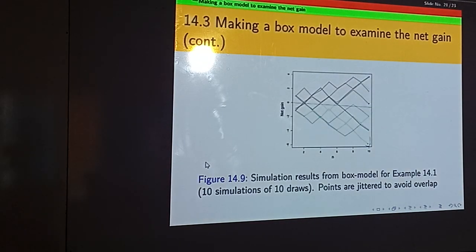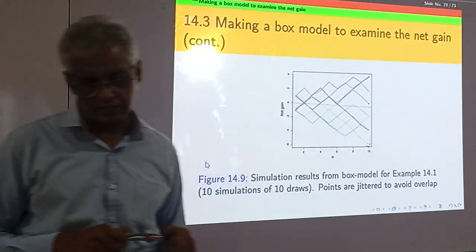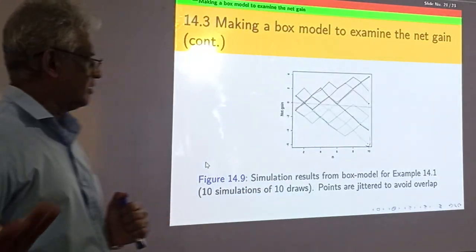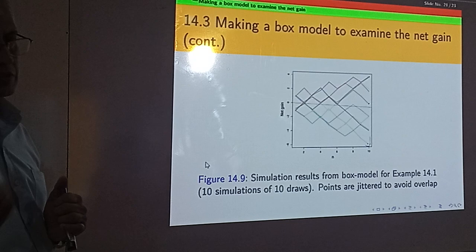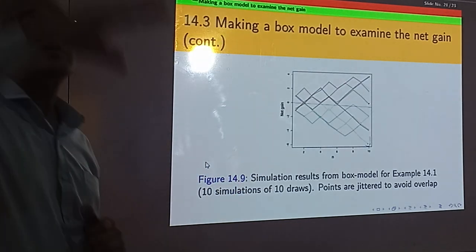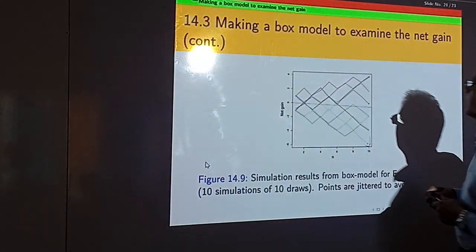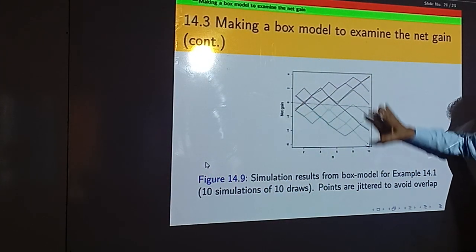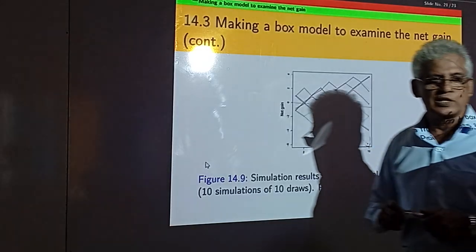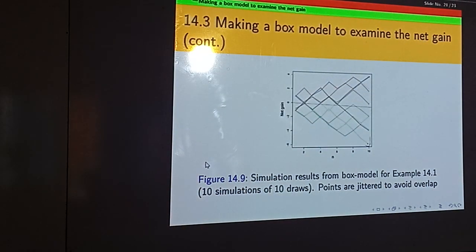Usually in this case, because there is a higher chance of losing, 20 divided by 38 probability in any game, if you simulate a large number of times, you will see fewer positive gains and more negative gains. But here it is roughly half and half in 10 games. This is just a coincidence.